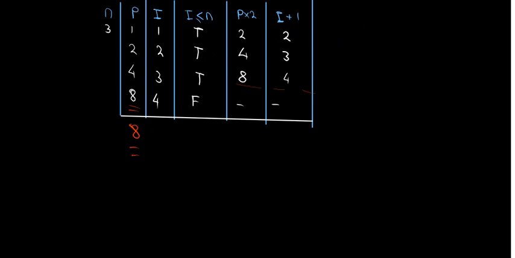There's a certain pattern. When I is 1, our result is 2. When I is 2, our result is 4. When I is 3, our result is 8. You don't have to memorize this. It comes with your understanding of mathematics and being able to recognize patterns.